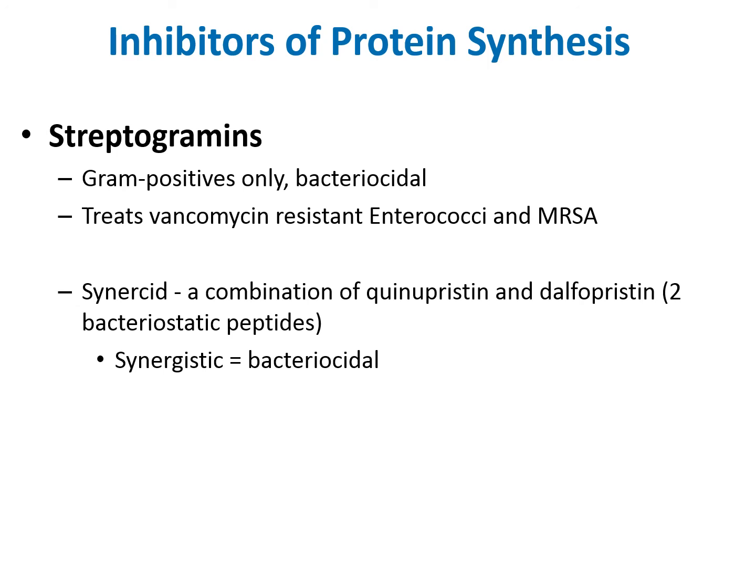So synergism basically means that when we give both of these peptides together, they have a stronger effect than if we were to administer only one. Okay? So as I told you, the quinupristin and the dalfopristin are both bacteriostatic. When we add them together into the same drug, they have a bactericidal effect. So again, that's a bigger effect when we give these two together versus when we administer these drugs independently of one another.